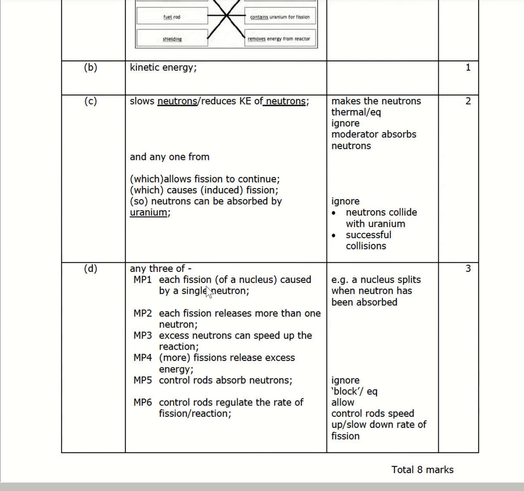So a fission, the breaking of a nucleus, is caused by a single neutron. Each fission releases more than one neutron. Excess neutrons can speed up the reaction. More fissions release excess energy. Control rods absorb neutrons. Control rods regulate the rate of fission reaction. So the rate doesn't increase and reactor meltdown doesn't happen.